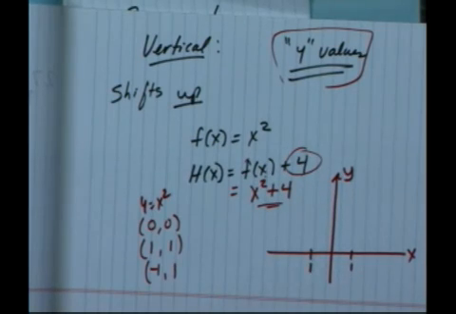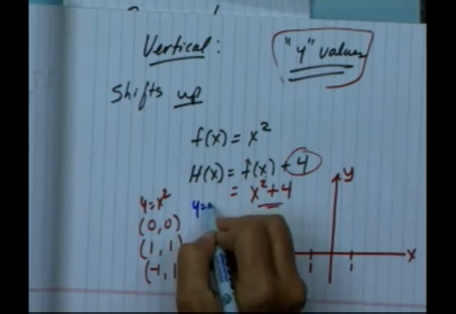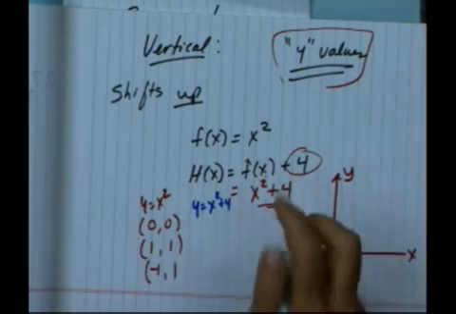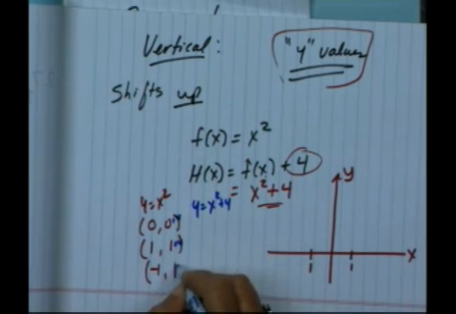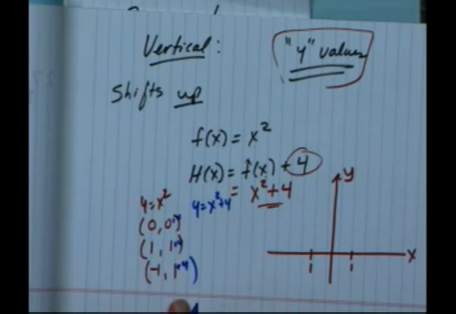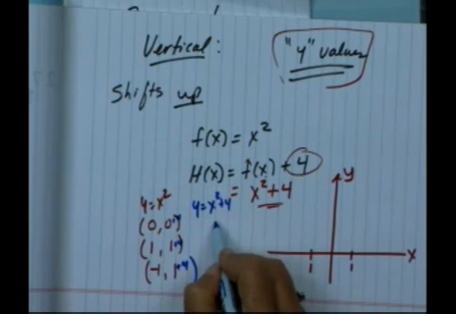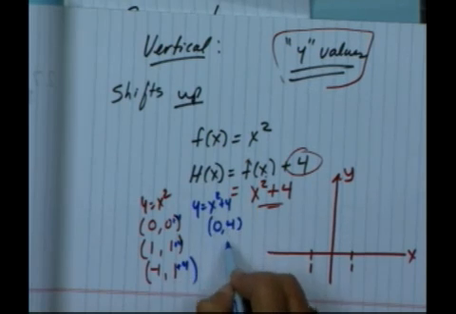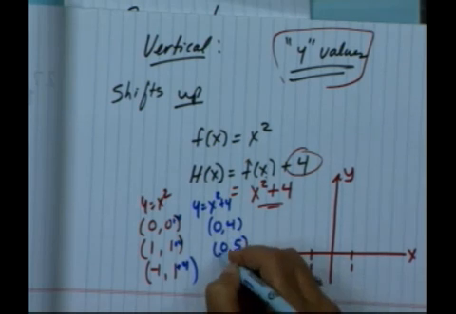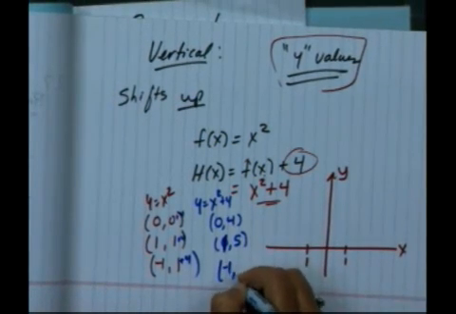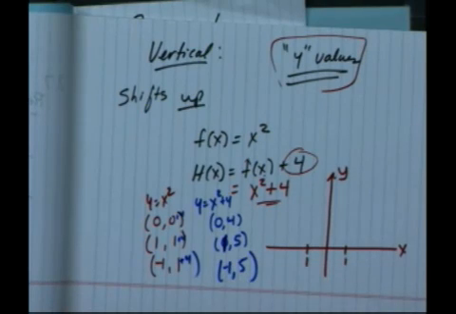So to get y equals x squared plus 4, which is my new h of x, I'm just going to add 4 to the y values. So the new points will be 0, 4, 1, 5, and negative 1, 5.